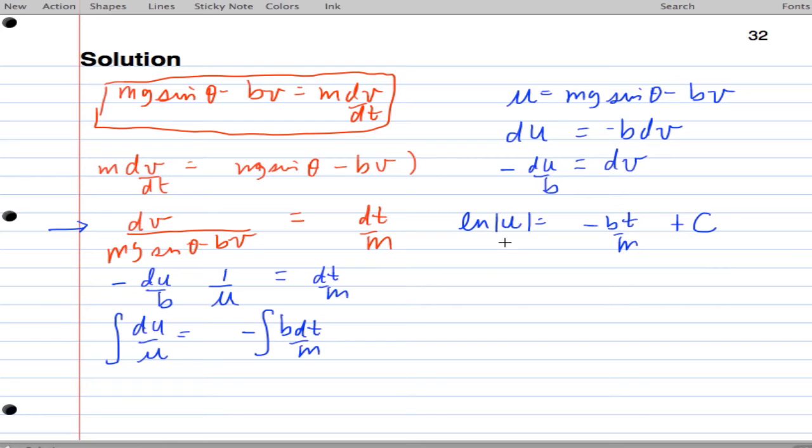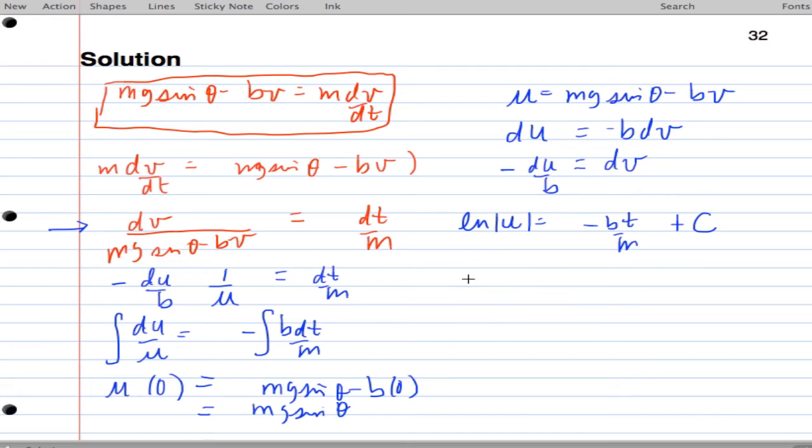Now the rule that I have here is that when time is 0, v is 0, and what that means is that u, which is mg sine theta minus bv, is b times 0, and that means u of 0 is going to be mg sine theta.